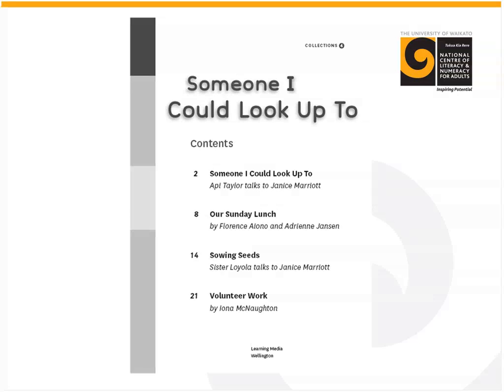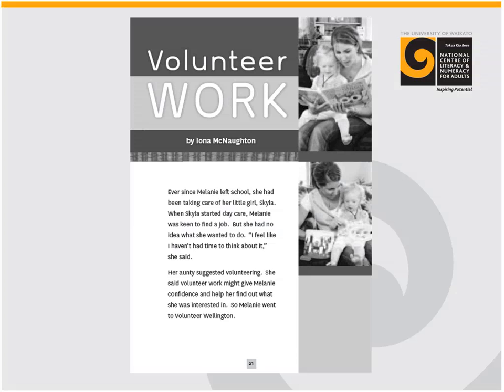And here's the story, Volunteer Work. Now you'll see that this is very dense text, and many of your learners couldn't cope with this. It's not suitable. So you can choose a text that is much more suitable to your learner, and you just need to make sure that the questions in the survey, concepts about print, relate to it.